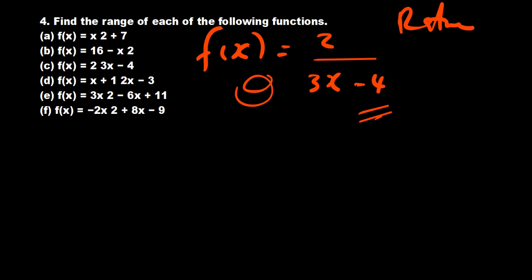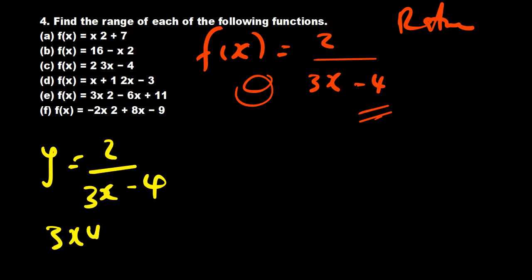So if we say y equals 2 over 3x minus 4, and we make x the subject, we have 3xy minus y equals 2. If we make x the subject, what are we going to have?